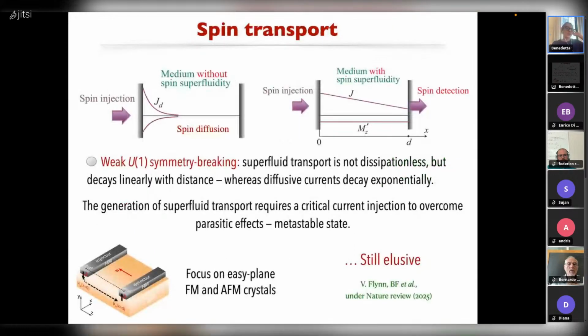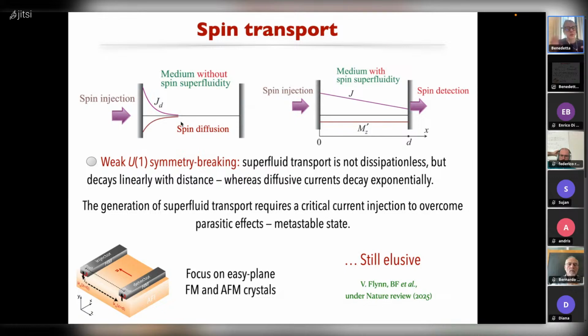Now, it turns out that this spin superfluid state that people have been searching for a while is not, first of all, as perfect as superconducting currents or helium superfluidity, in the sense that there is always in a magnetic system some weak U(1) symmetry breaking mechanism that will make your spin superfluid transport experience dissipation.